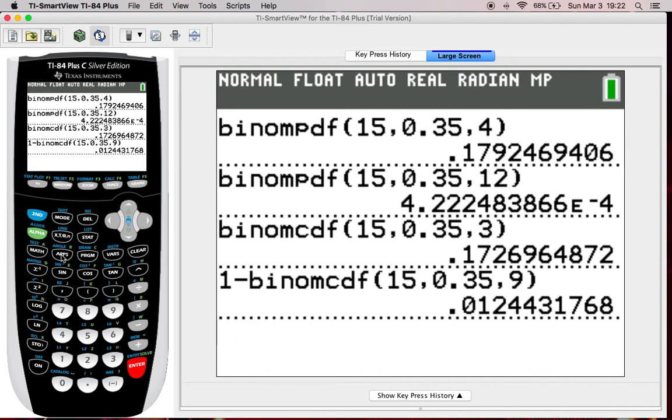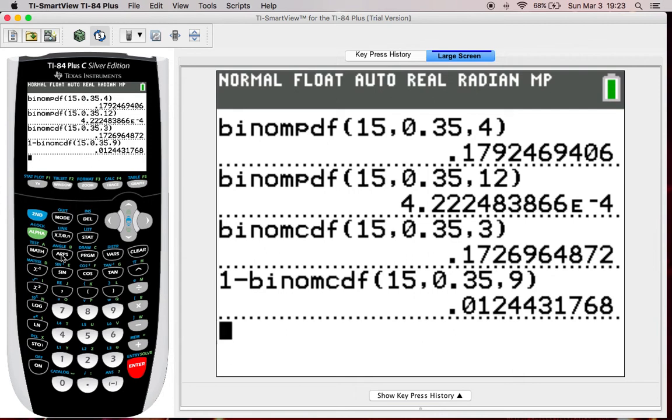There's no way for me to tell my calculator that I want between 2 and 4. So what I'm going to do is find the probability of everything less than or equal to 4 and subtract everything less than 2.